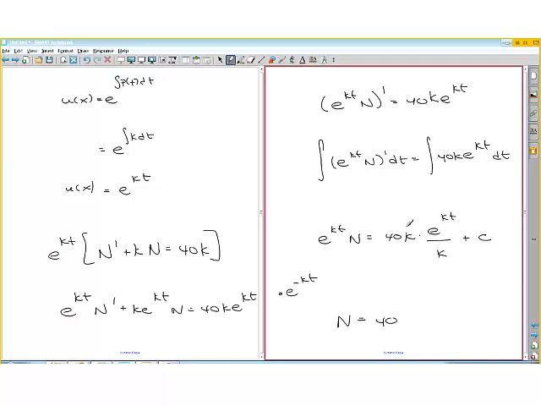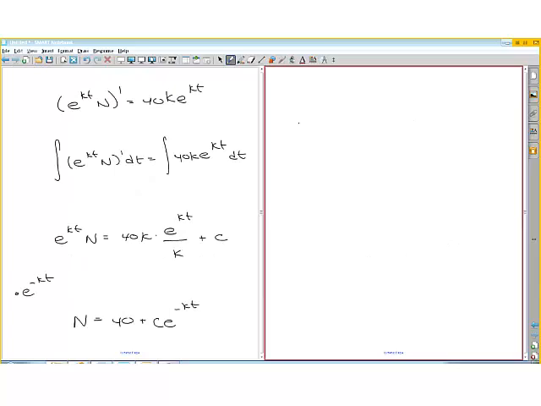So that cancels out. e to the kt times e to the minus kt is 1, plus c e to the minus kt. So that's our general solution. And this is problem number 40, so just let me check here. So N is equal to 40 plus c e to the minus kt.